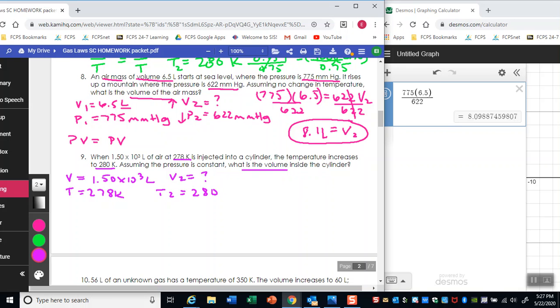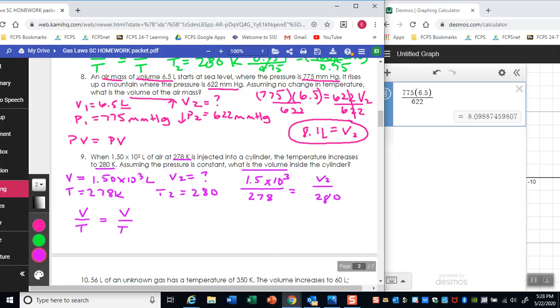Okay, so temperature and volume, that's Charles's law. They're directly related. So I'm going to divide them. So I have 1.5 times 10 to the third divided by 278 equals the new volume divided by 280.